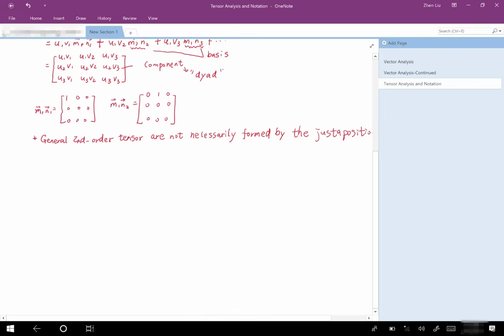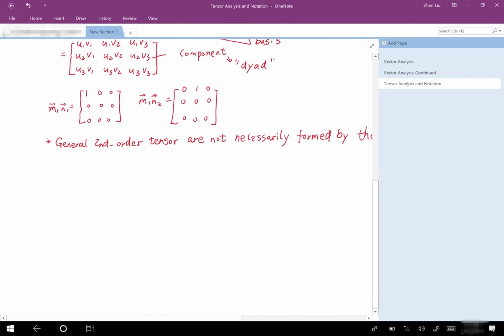So let's give an example. So we can define a second order tensor directly as, for example, a second order tensor here.